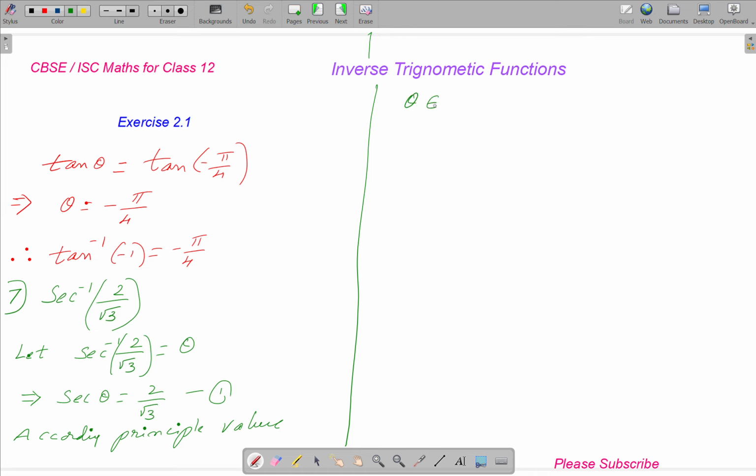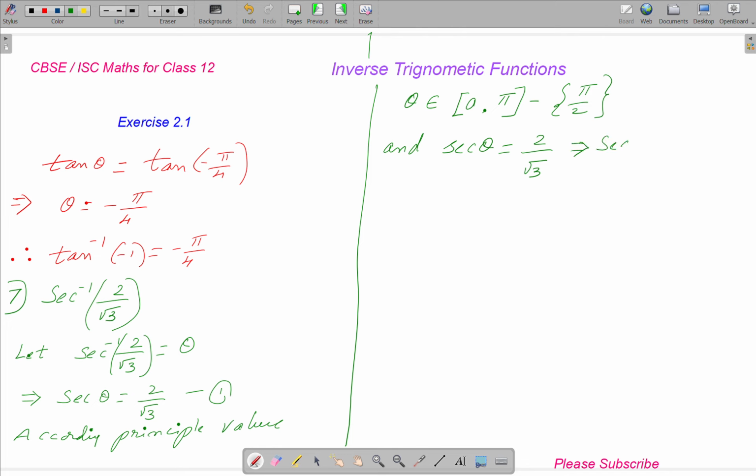theta is an element of the closed interval 0 to pi minus pi by 2, and sec theta is equal to 2 by root 3.